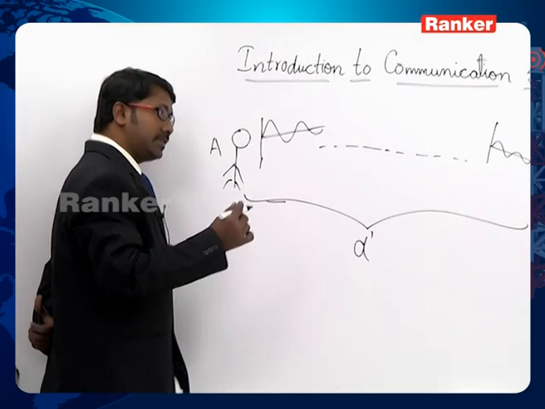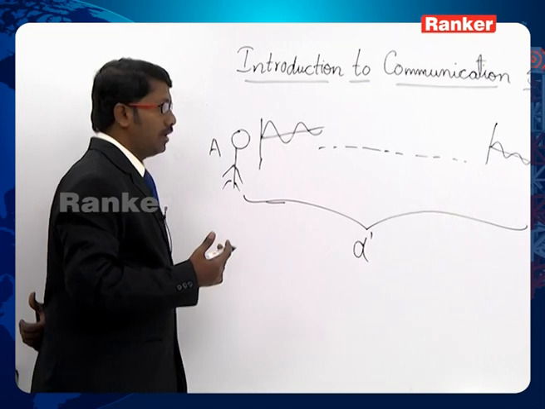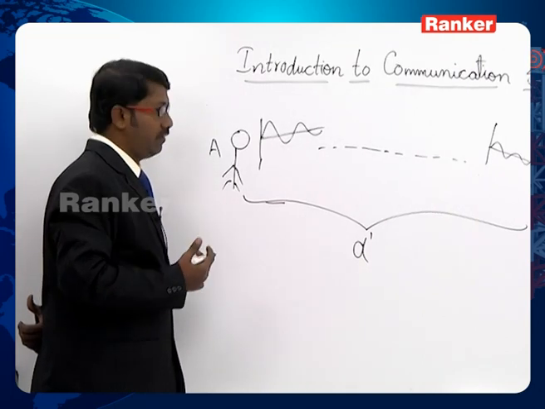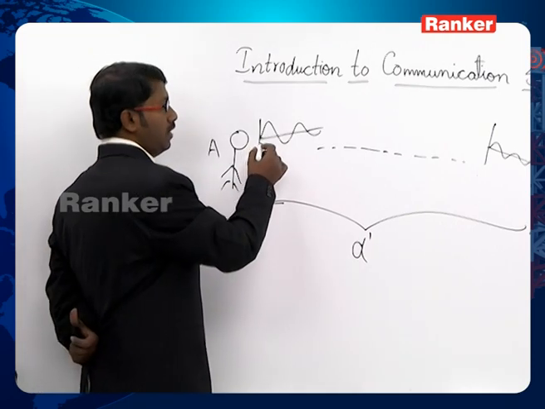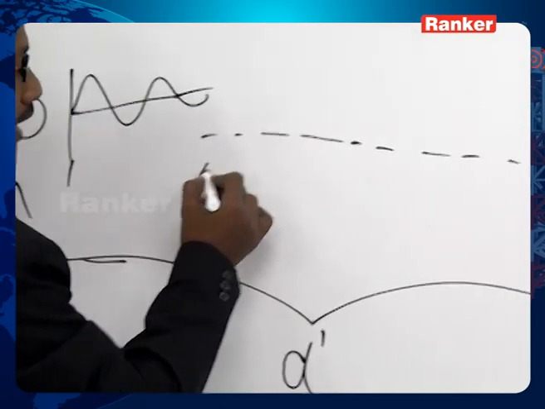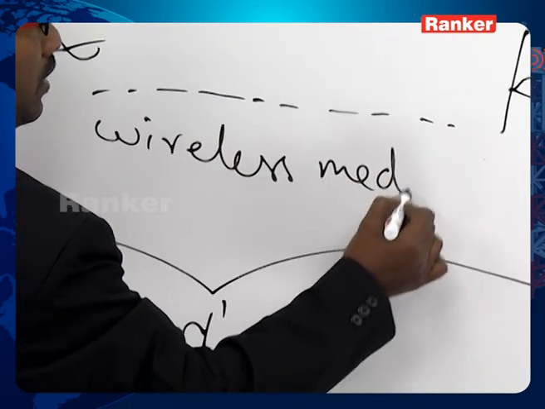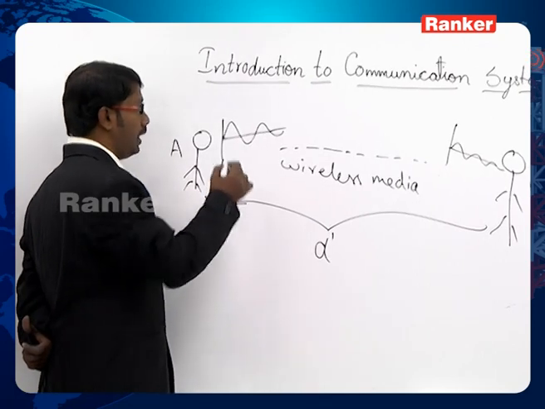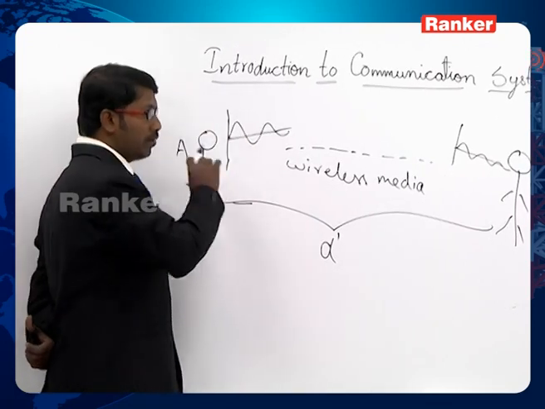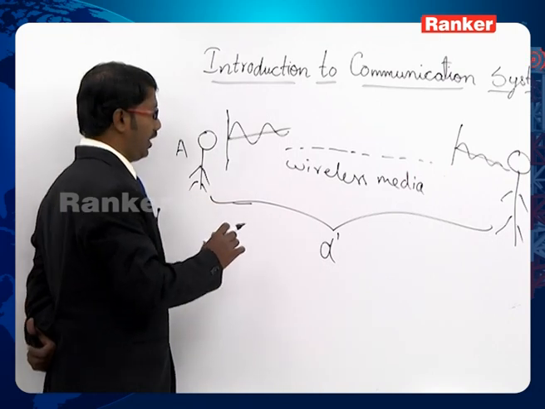As the distance kept increasing, they wanted to have a kind of communication wherein, instead of a wireless media between A and B, they have a very secure means of communication, a secure channel, or secure wire of communication.